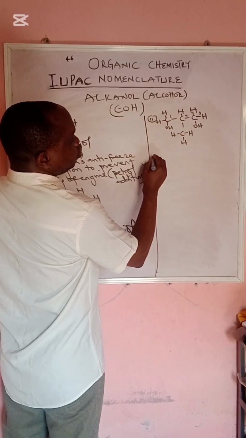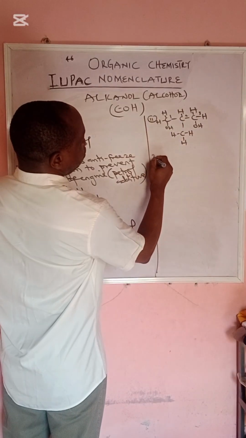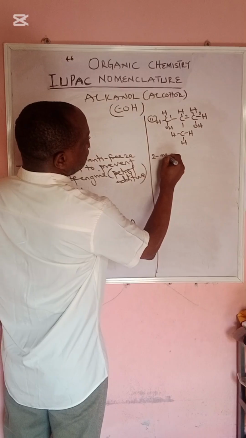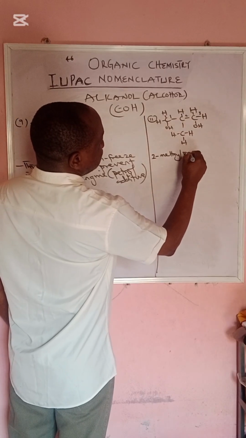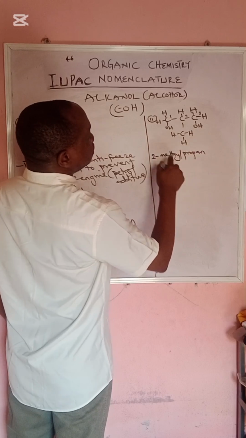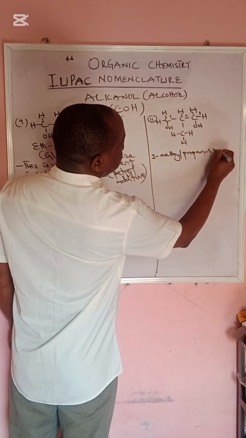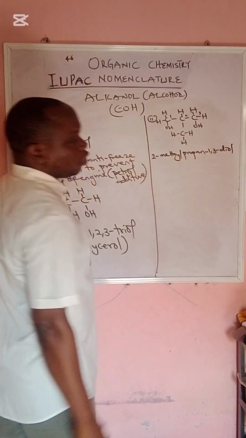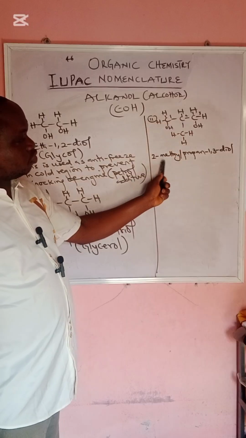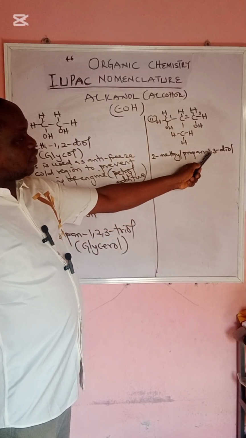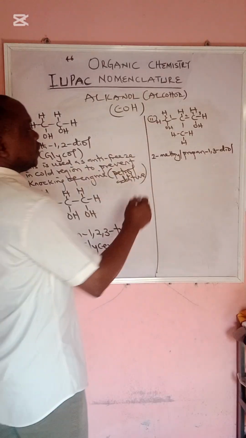Methyl is attached to carbon 2, with OH on carbon 1 and another on carbon 3. So it will be 2-methylpropane-1,3-diol. 2-methyl on carbon 2, so 2-methylpropane-1,3-diol.